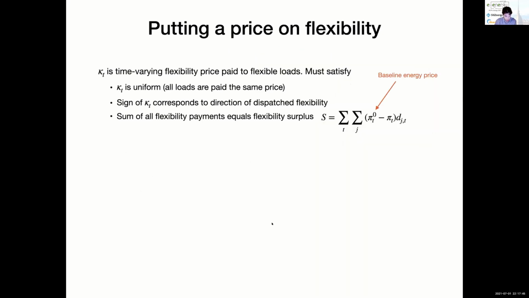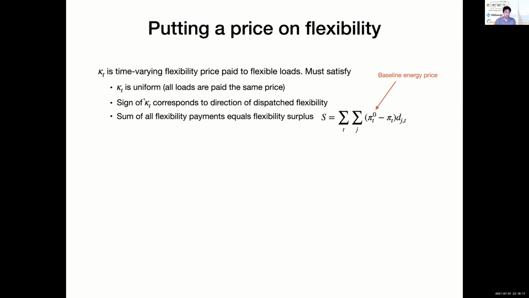So I mentioned this flexibility price kappa, and the design of this price is important so that we have some desirable properties. So kappa sub t, or kappa is the vector of all kappa sub t's, is a time-varying flexibility price that's paid to the loads that offer flexibility. And here are some properties that kappa needs to satisfy, or that we'd like to satisfy. One is that the price is uniform, so all loads are paid the same price for the same amount of deviation.